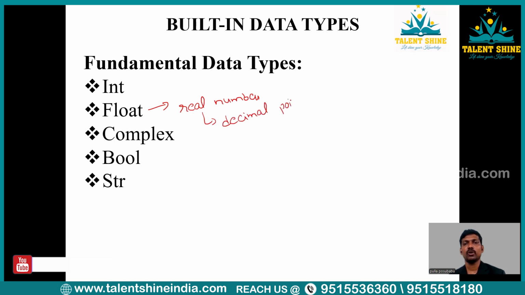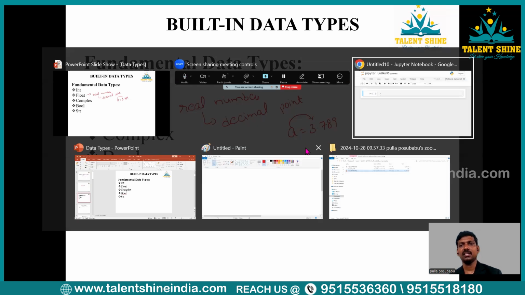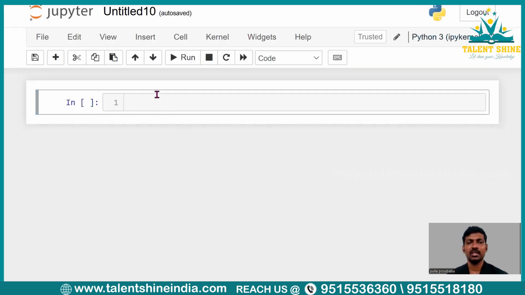Let me write one example. Suppose A equal to 3.789. What type of data have we stored in A? It is float. Let me open my IDE and write the example.